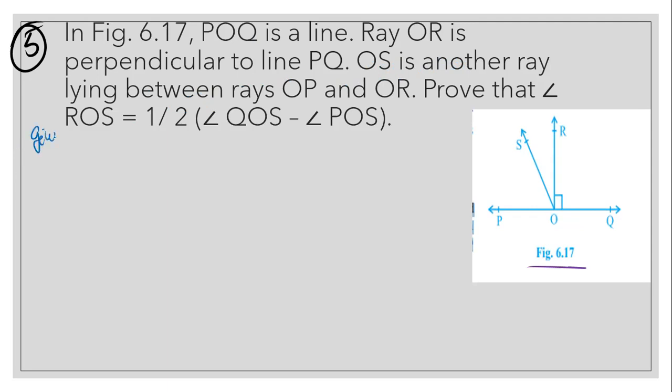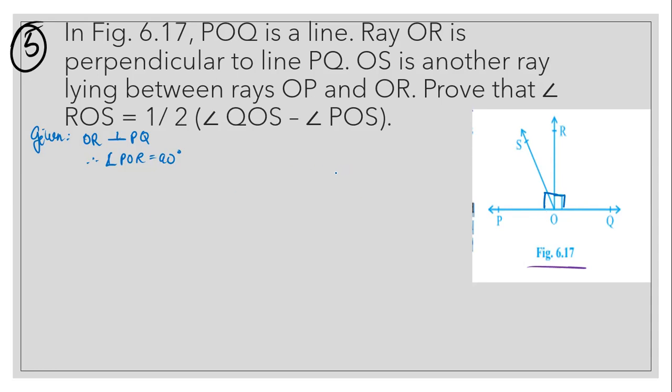So given that OR is perpendicular to PQ, therefore angle POR is equal to 90 degrees, correct? That means if angle POR is 90 degrees, this also should be 90 degrees. Why? Again, you can say by linear pair, correct?